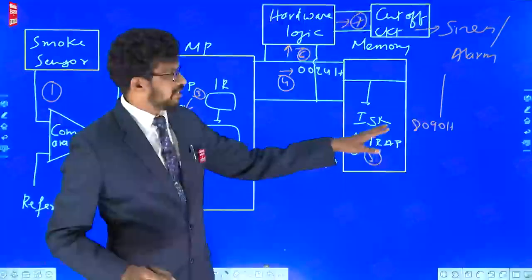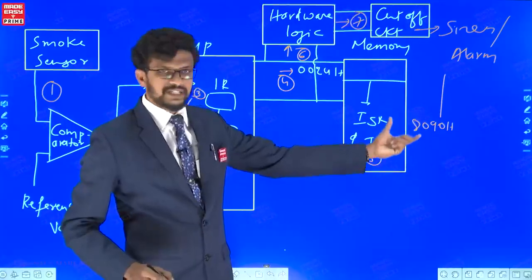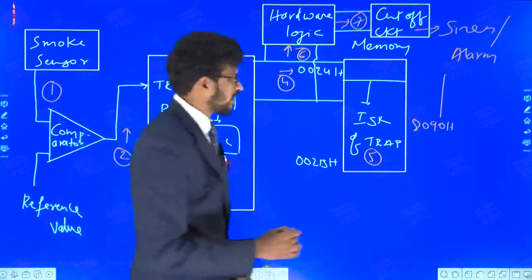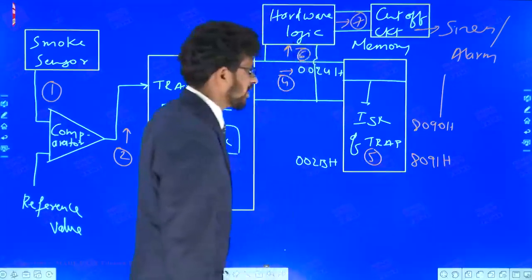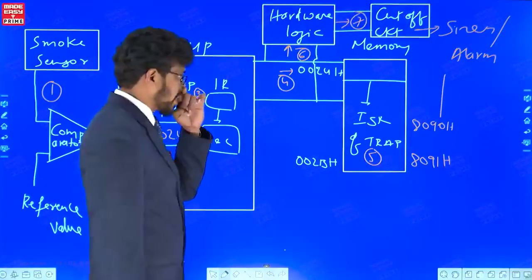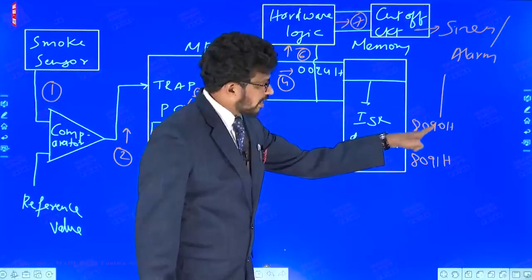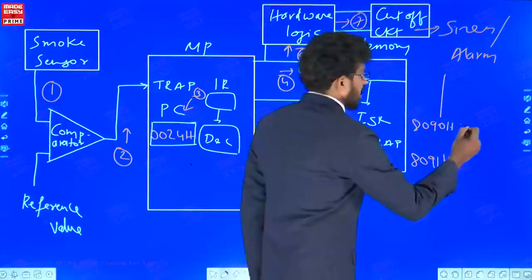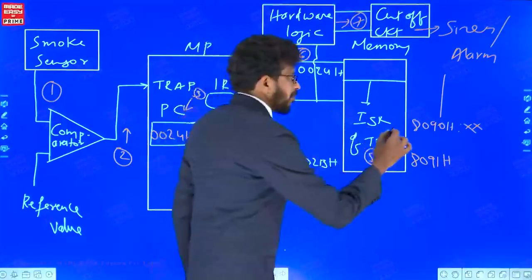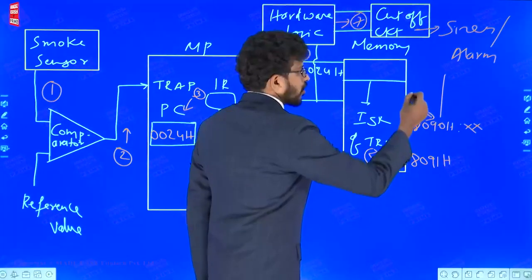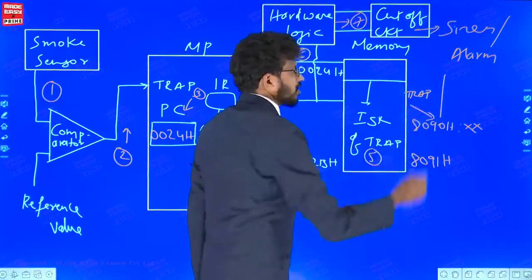It is executing the instruction which is present at 8090. Assume that the next instruction is at 8091. Now observe carefully. Whenever it was running the instruction at 8090, at that time on the hardware pin it got the trap interrupt.